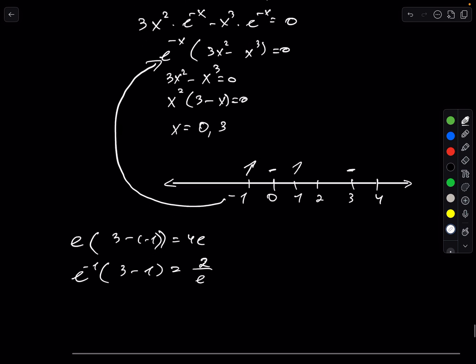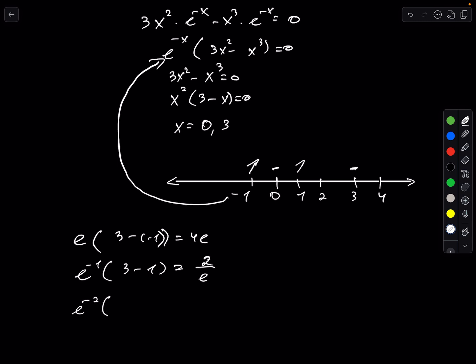What about 2? 3 times 4 minus 8, we get 12. 12 minus 8 is going to be 4. So here we get 4 divided by e squared. That should also be positive technically.